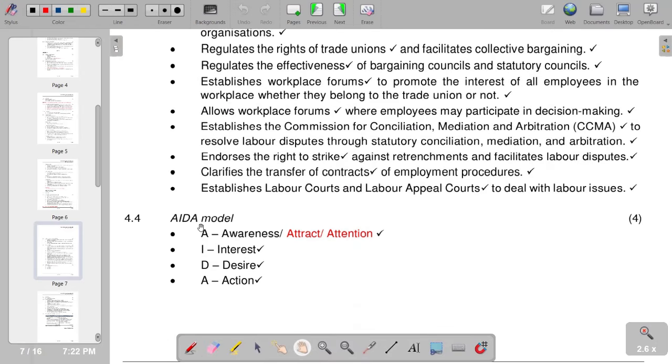On the next part, we've got the AIDA model, whereby A is for awareness, I for interest, D for desire, A for action.